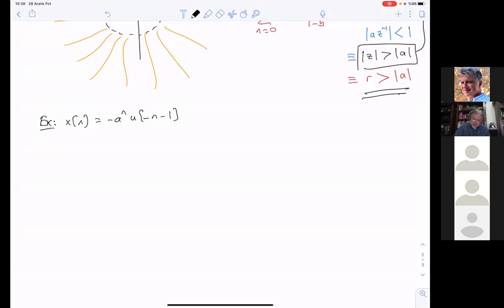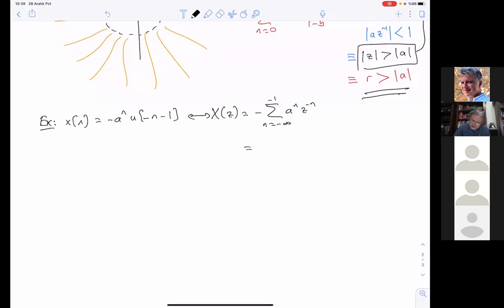Now the Z transform of this one is what? It is the negative, because of the minus sign, of the summation for n from minus infinity to minus 1 of a to the n, z to the minus n, which can be converted to a positive index summation by a change of variables.